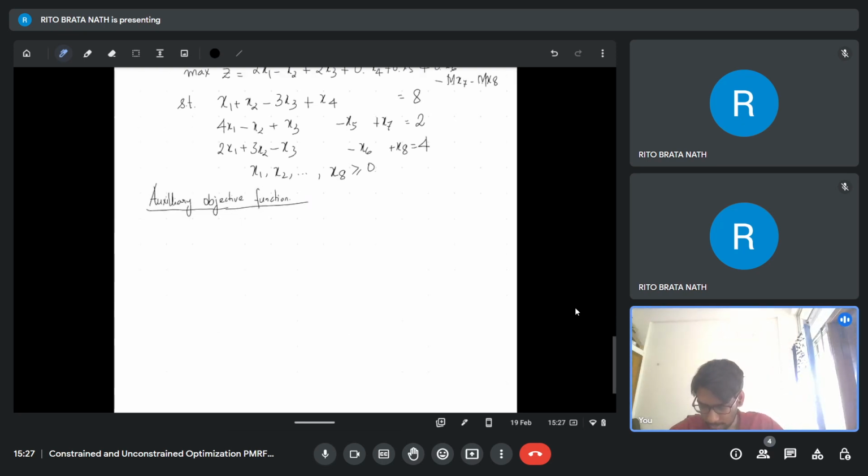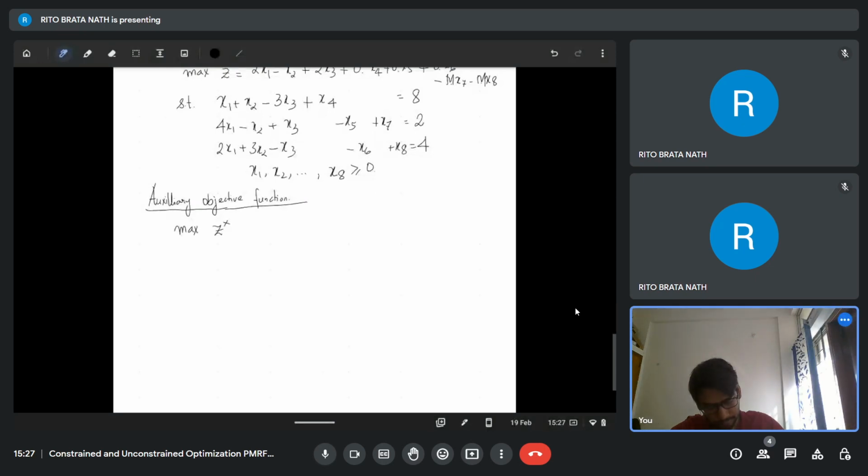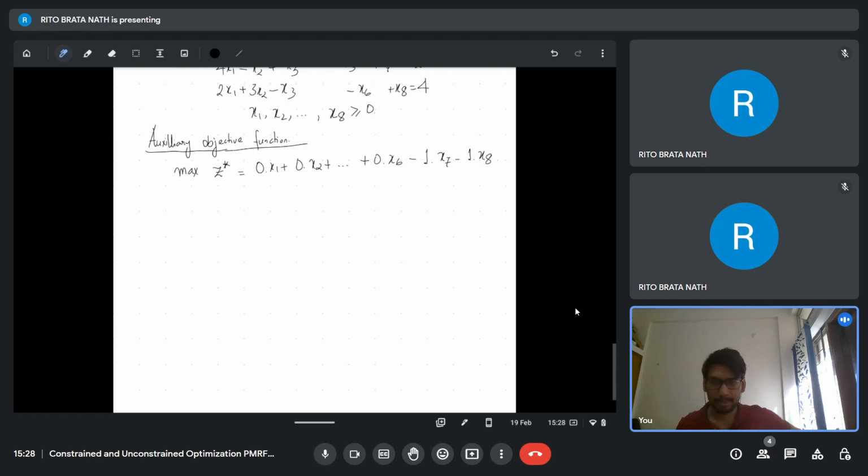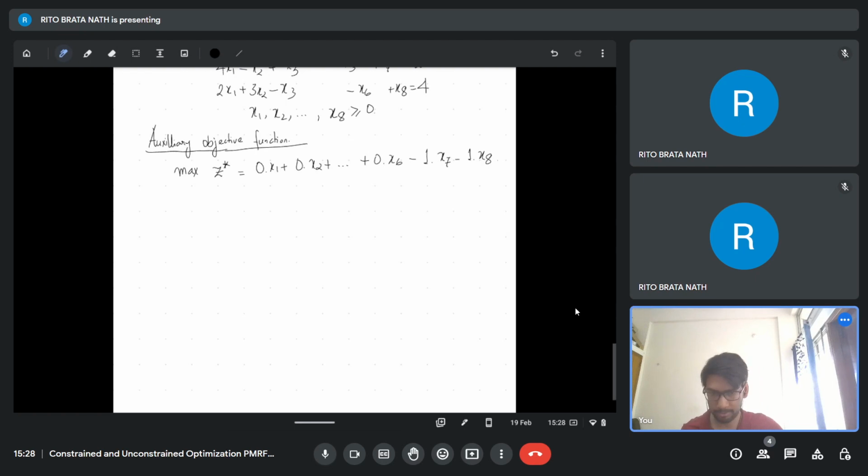So this is nothing but your max of, say, z star equals 0x1 plus 0x2 up until 0x6, and then you have two artificial variables. For that, the coefficients will be minus 1. So let's begin the two-phase method, and let's start with the first phase, right? So this is your phase 1.